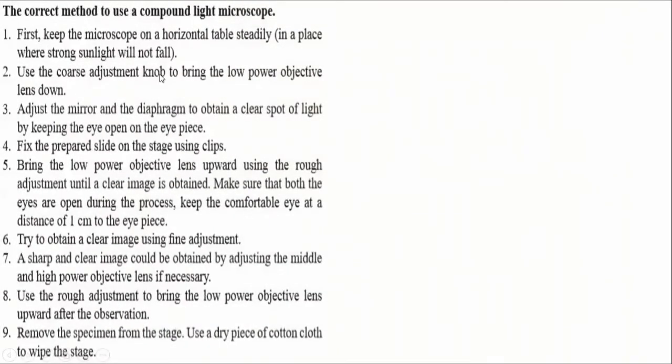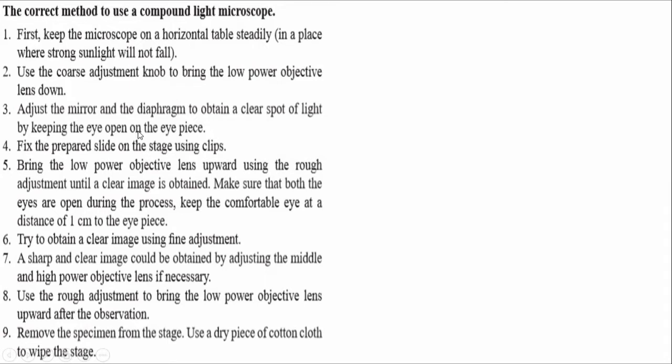Use the coarse adjustment knob to bring the low power objective lens down. So I already told you that the coarse adjustment and fine adjustment knobs can be used to adjust the microscope as you will, all right. So the coarse adjustment, mainly we use it to move the objective lenses. So the first thing we are going to do when we use a compound light microscope to observe a specimen is that we bring the low power objective lens down.